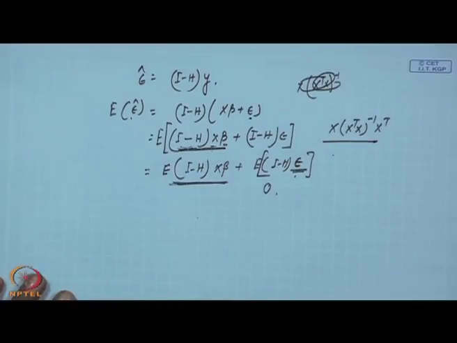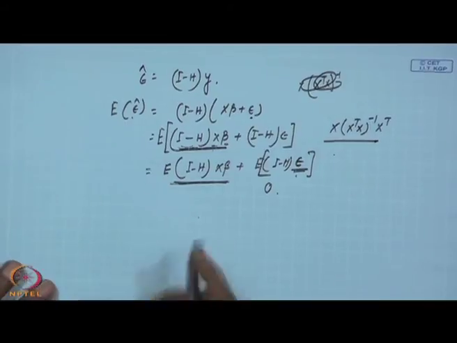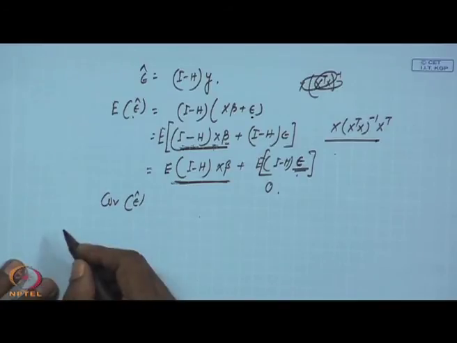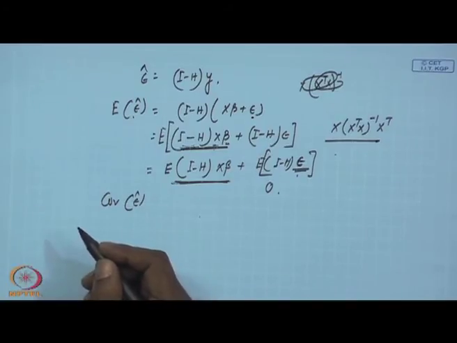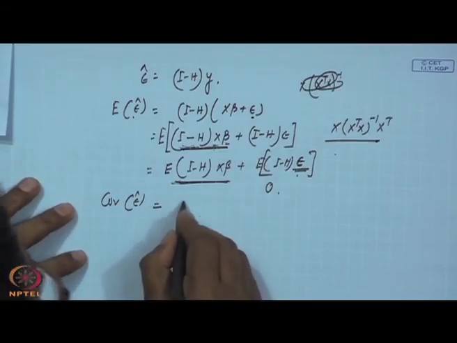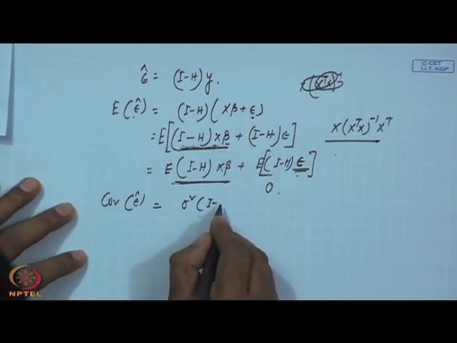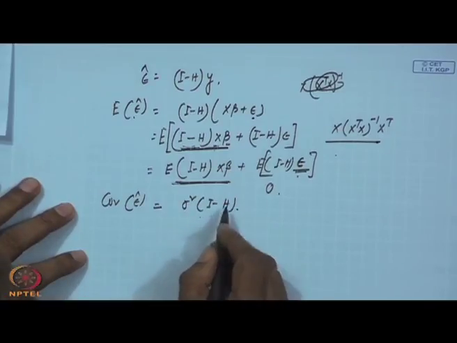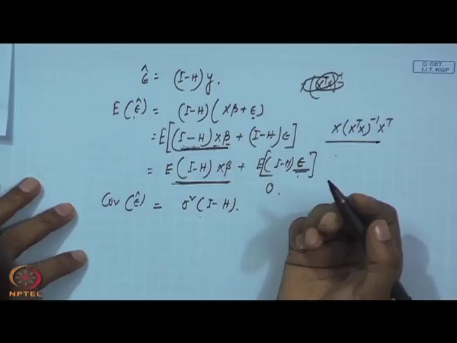Okay. So, that means some value will be there. Similarly, you are required to find out the covariance matrix of this. The resultant covariance matrix, I am straight away writing the resultant part, will be sigma square I minus h. So, I minus h transpose, those things will also come.